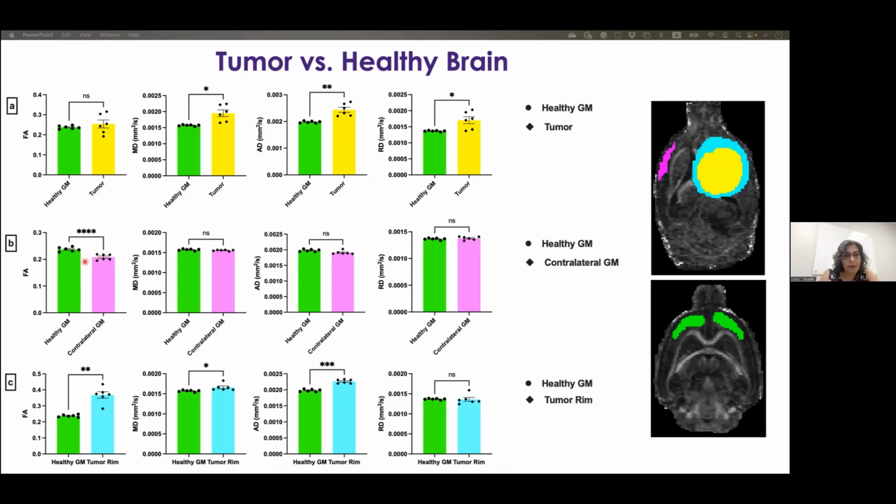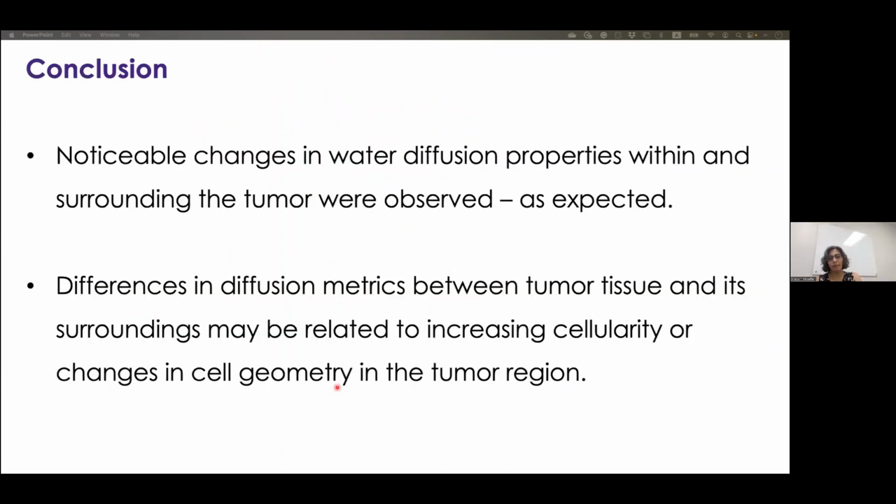In figure C, we observe significantly higher FA, mean diffusivity, and axial diffusivity values between tumor rim and healthy control gray matter. So, as expected, noticeable changes in water diffusion properties within and surrounding the tumor were observed.